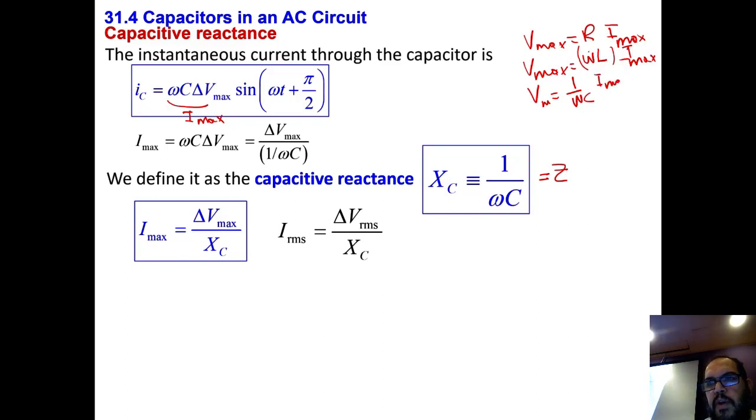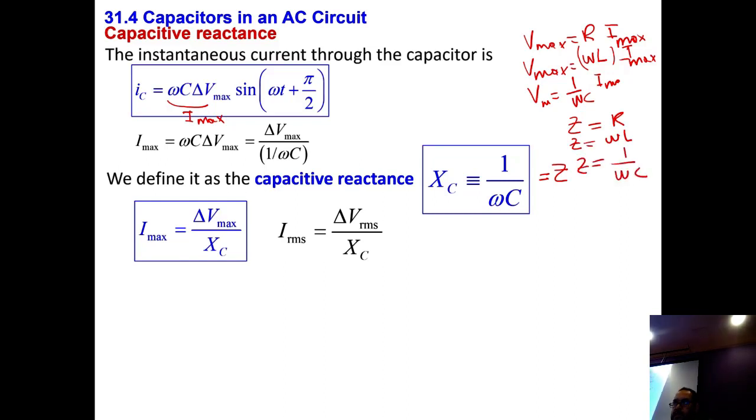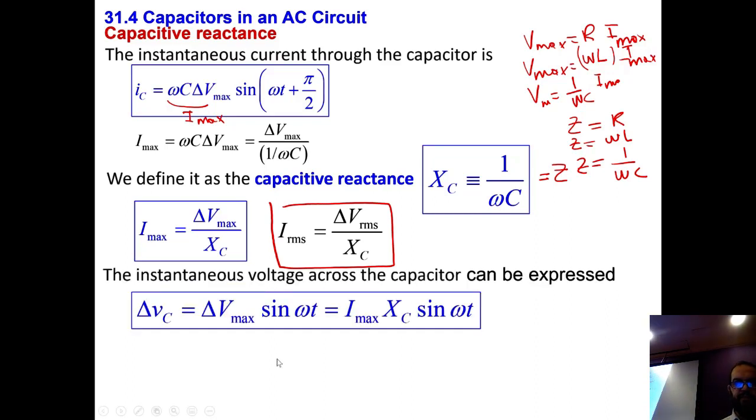So the impedance for a resistor is R, the impedance for an inductor is omega L, and the impedance for a capacitor is 1 over omega C. Okay, so this is a convenient way of remembering these things. We can also write the same equation for I RMS equal to delta V RMS divided by the capacitive reactance, which is 1 over omega C.